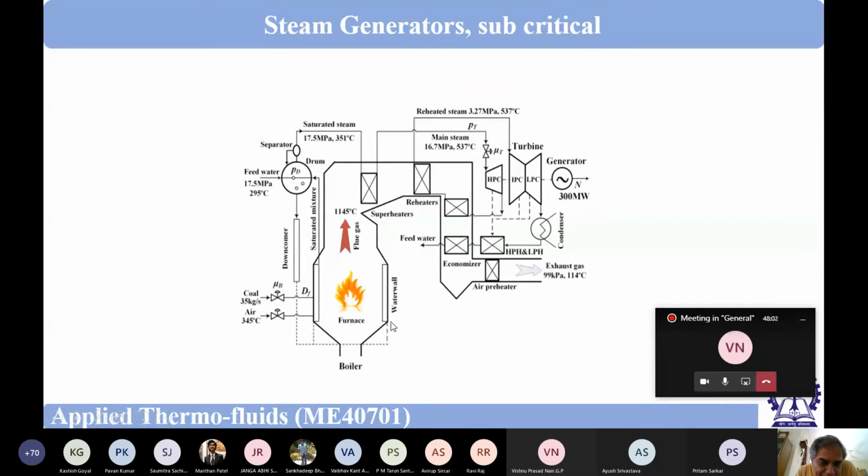Feed water will pass through tube lines which are surrounding this rectangular box, and this is called the water wall. These are basically tubes in which water and steam pass in the upward direction. Water will form into steam as it passes upward, and as it is rising, they are called risers. Then they will reach a drum which is called the steam drum.